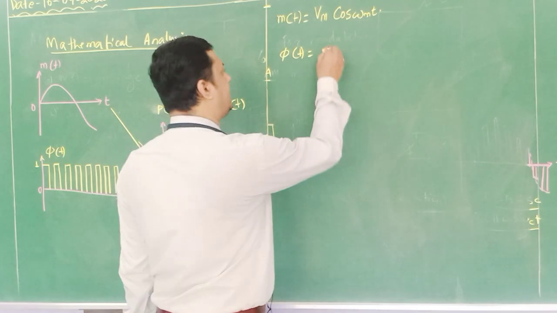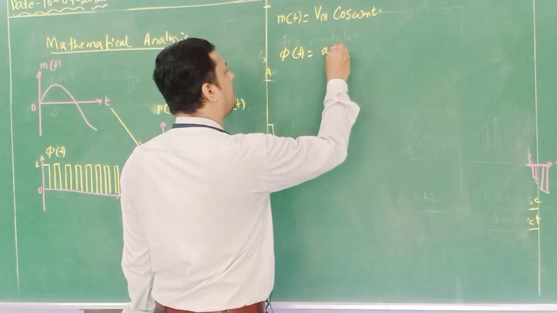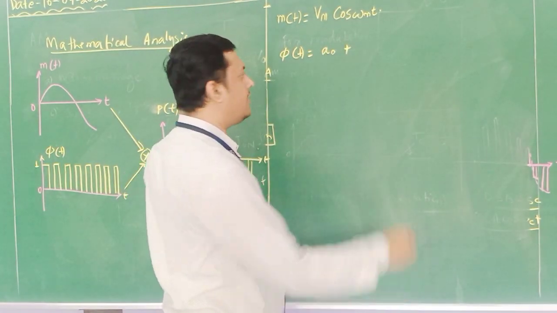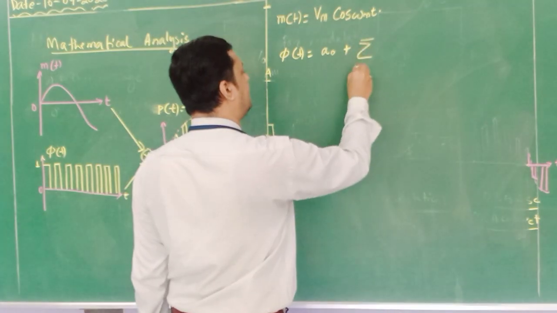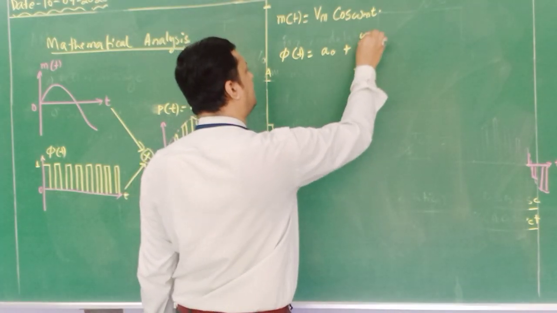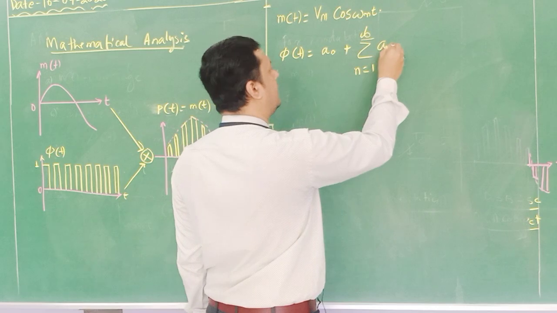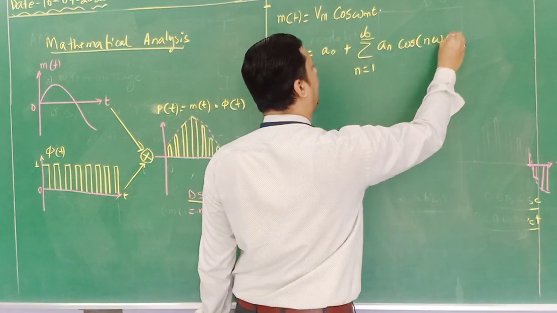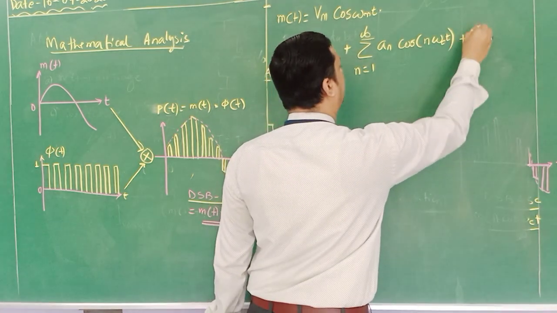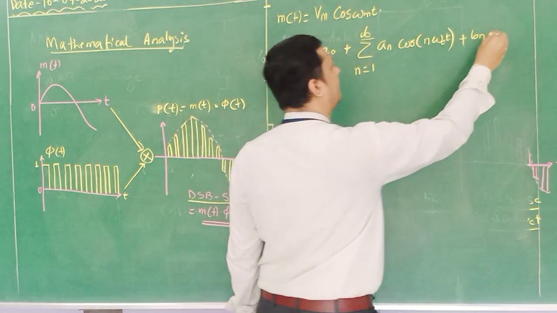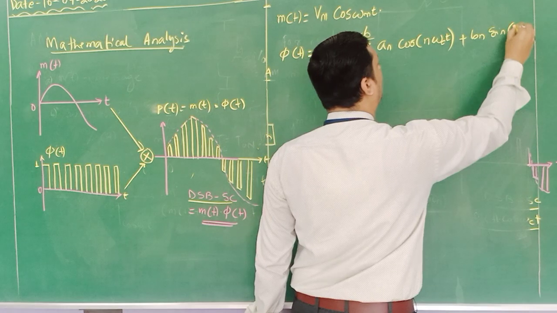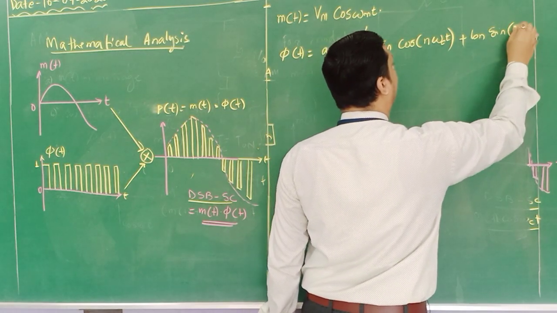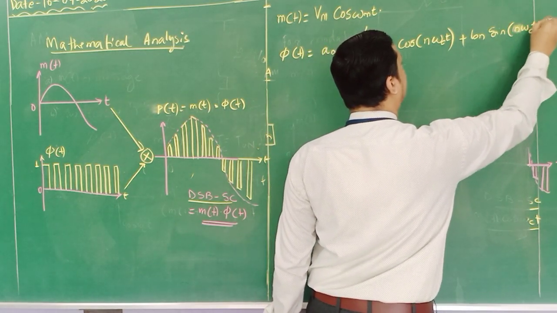For the Fourier series, what I am using is the representation a naught plus summation n equals 1 to infinity of a n cos n omega c t plus b n sin n omega c t.